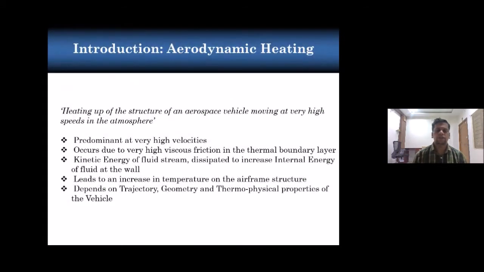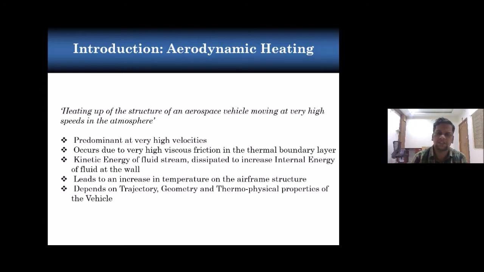Aerodynamic heating occurs for all high-speed flying vehicles. Whenever an aero object like a missile, rocket, or any spacecraft goes beyond the speed of sound, it will experience aerodynamic heating. It occurs mainly within the atmosphere due to the air properties. The major property of air involved is its viscosity.